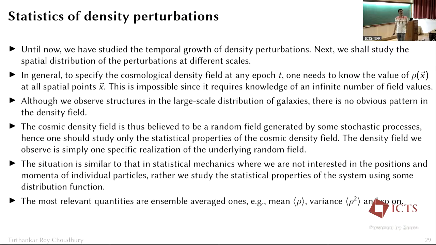Of course, just like in statistical mechanics, you can utilize some concepts related to ergodicity, where these ensemble averages can be replaced by volume averages. Most of the time, many of these quantities are calculated using volume averages, but you need to know when the volume average approaches the ensemble average, and when it does not.